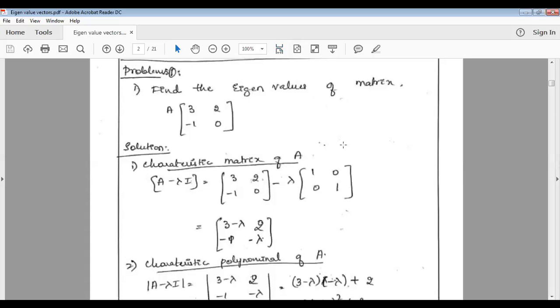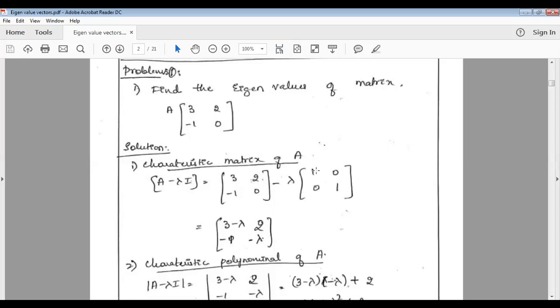Okay. So the problem is to find the eigenvalues of the matrix. So we'll take a very simple matrix. So A is 3, 2, minus 1 and 0. So the first step is to find A minus lambda I. So I'll take A as 3, 2, minus 1 and 0 minus lambda. Now I will have an identity matrix of order n, and that will correspond to the order of A. And A is a 2 cross 2 matrix.